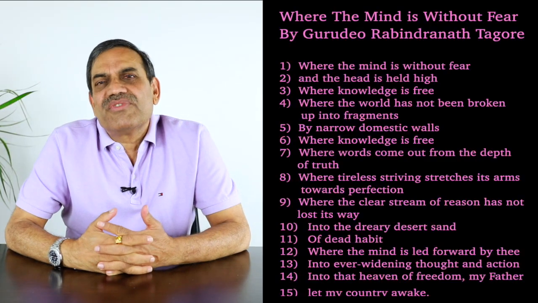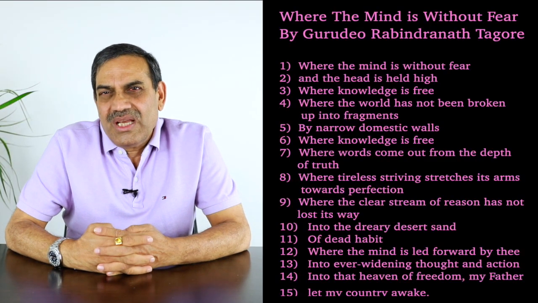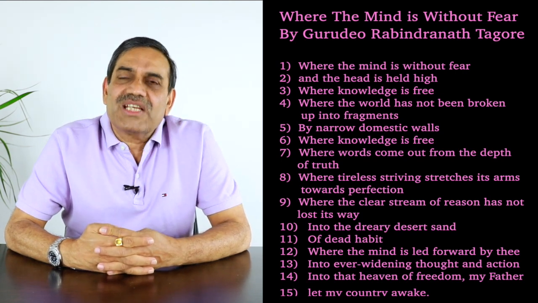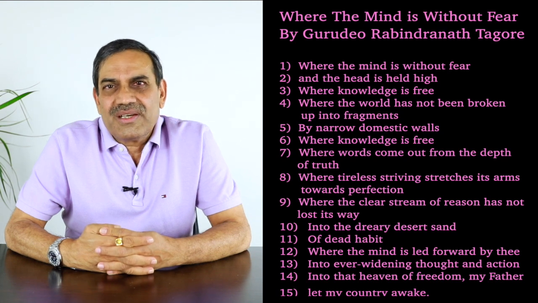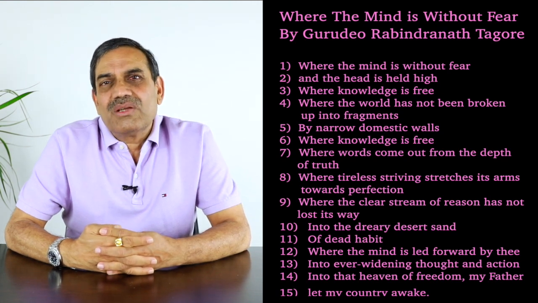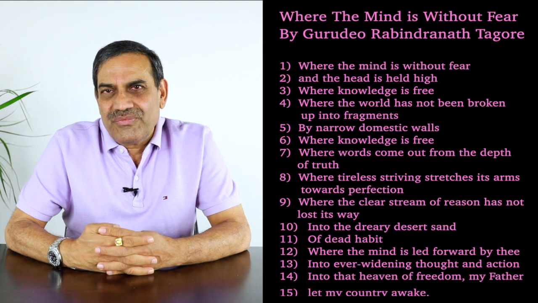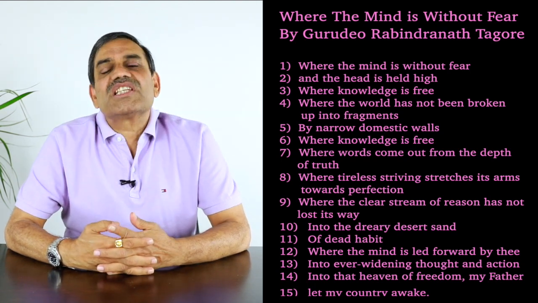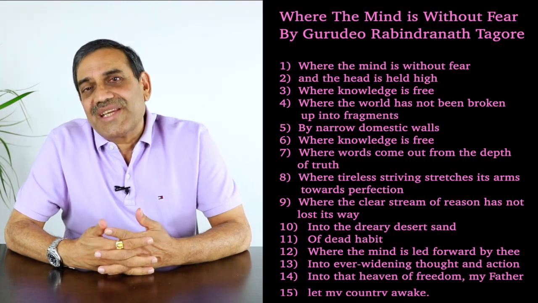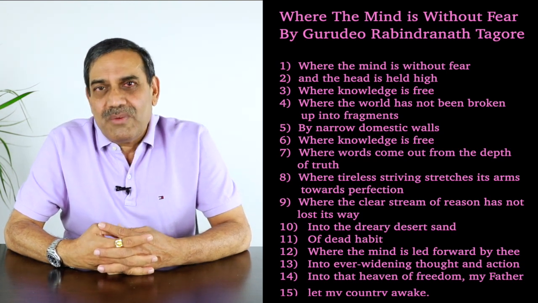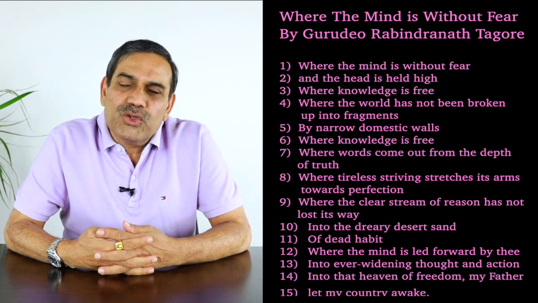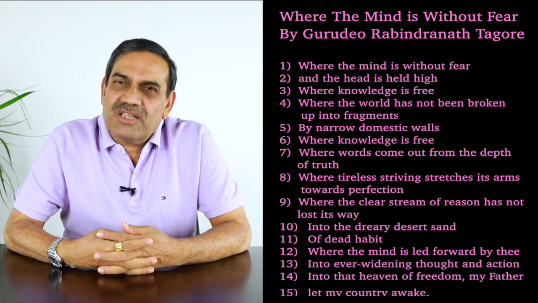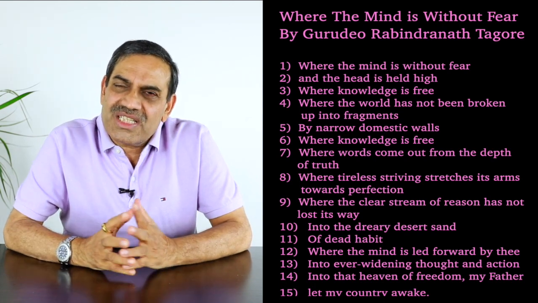Where the mind is without fear and the head is held high, where knowledge is free, where the world has not been broken into fragments by narrow domestic walls, where the words come out from the depth of truth, where tireless striving stretches its arms towards perfection, where the clear stream of reason has not lost its way into the dreary desert sand of dead habit, where the mind is led forward by thee into ever-widening thought and action, into that heaven of freedom, my Father, let my country wake. So this is the poem.